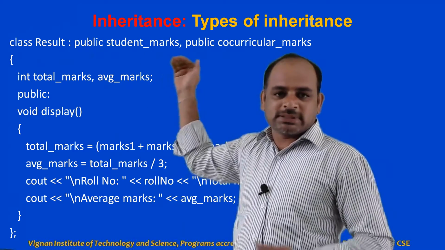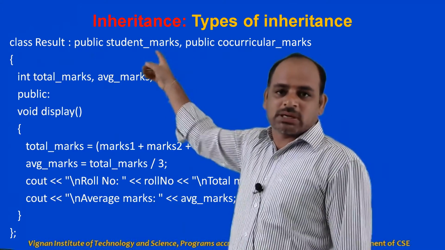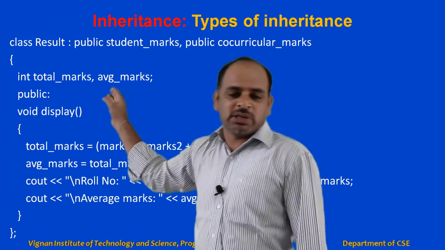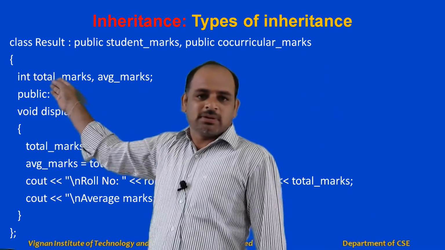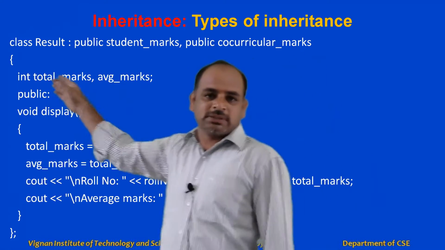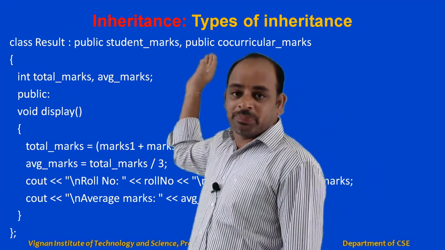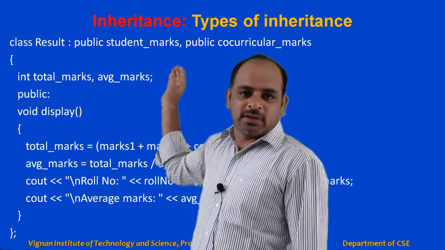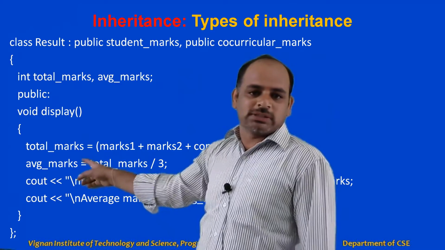Now the result class is derived from the student marks class and the co-curricular marks class. It takes the marks of the subjects from the student marks class, takes the marks from the co-curricular class, and does a total sum.